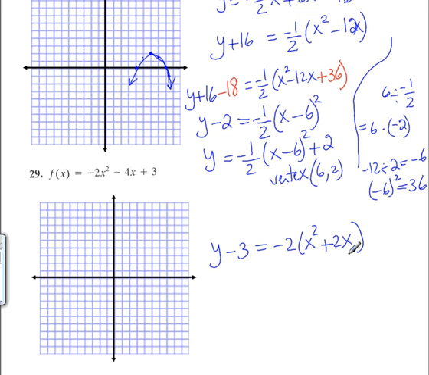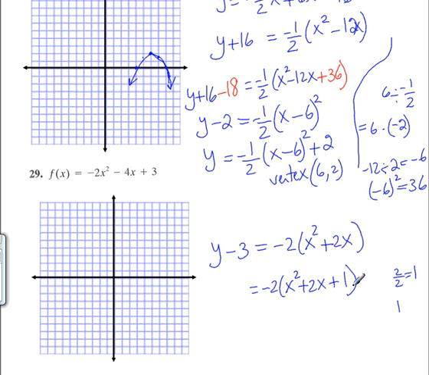Okay, so we're going to take our b, which is 2, divided by 2, we get 1. And we're going to square 1, so that's 1. We're going to add that to one side.